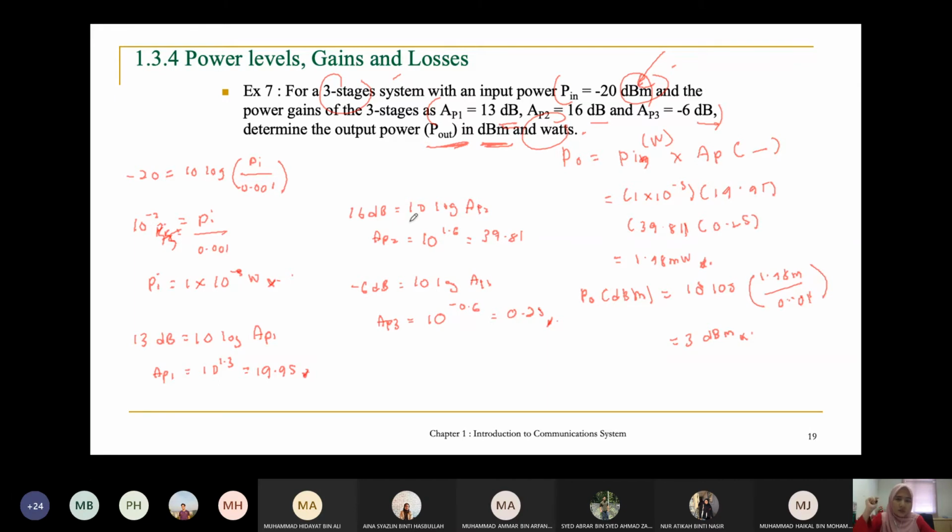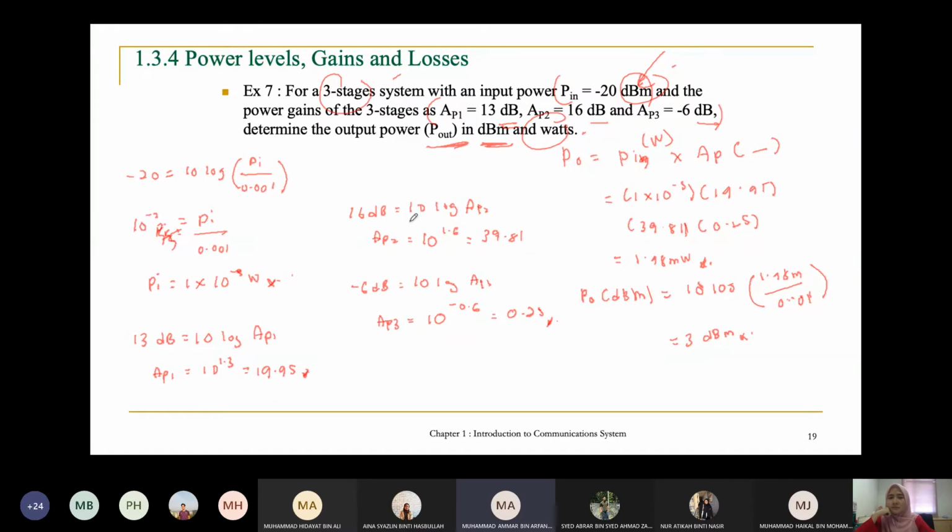Okay, so my question, based on this calculation, this system is having a power gain or power loss? Power gain. Why? Because P output we got 3 dBm.